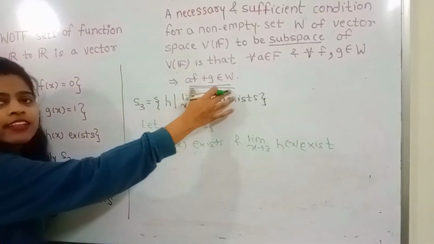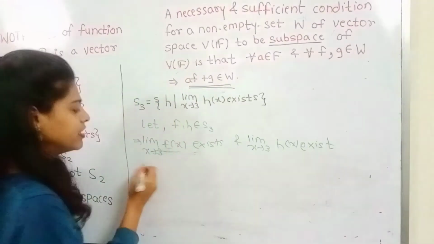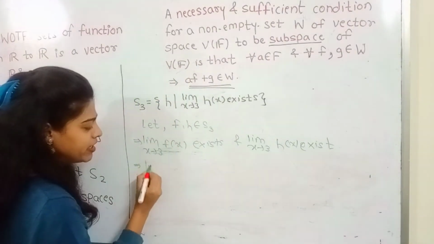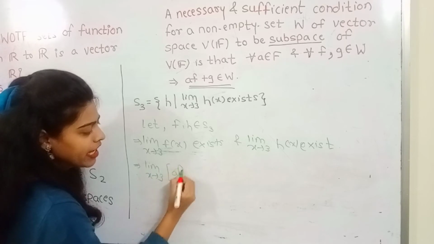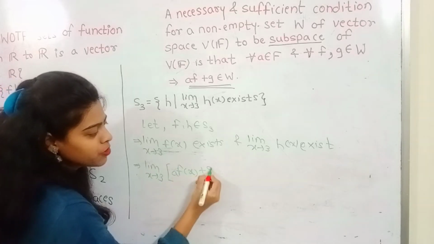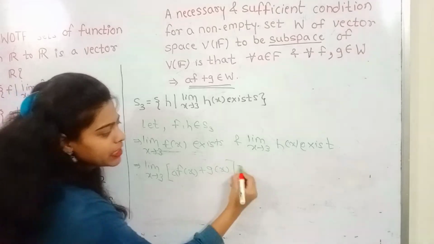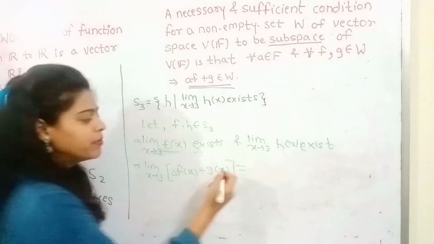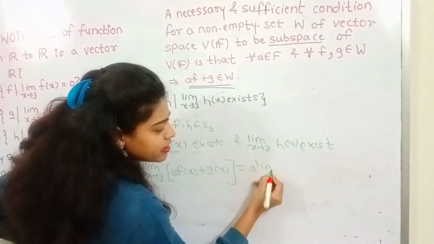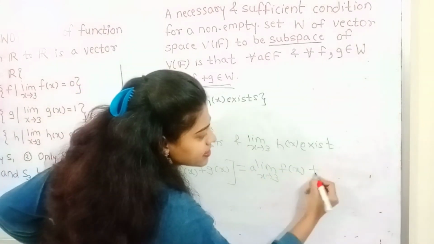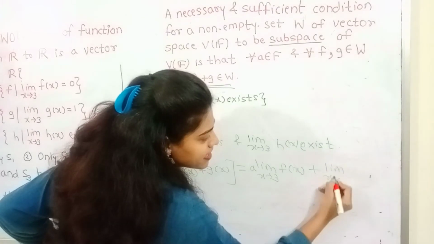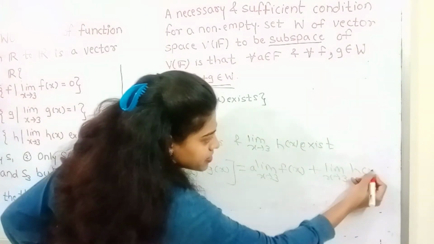Now we only check whether this condition is true or not. Therefore, assume limit x tends to 3 of a f(x) plus h(x) is equal to, by the property of limit, a times limit x tends to 3 of f(x) plus limit x tends to 3 of h(x).